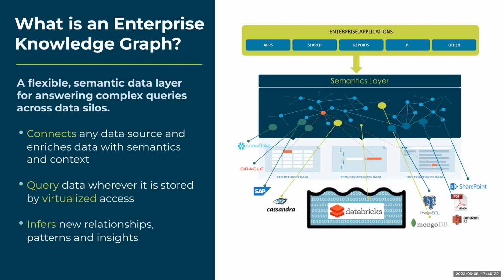Relational databases are very commonly used, as you know, but also some NoSQL databases like Cassandra and MongoDB, or even unstructured data within a data lake kind of architecture. So our goal is to connect these data sources and enrich that raw data with some semantics and context.